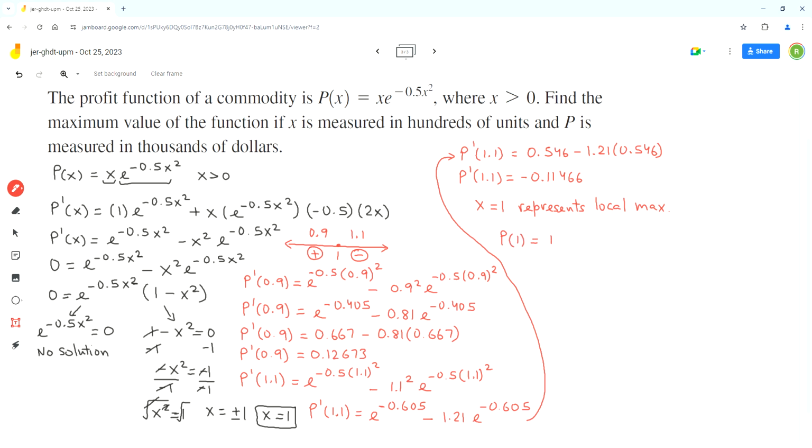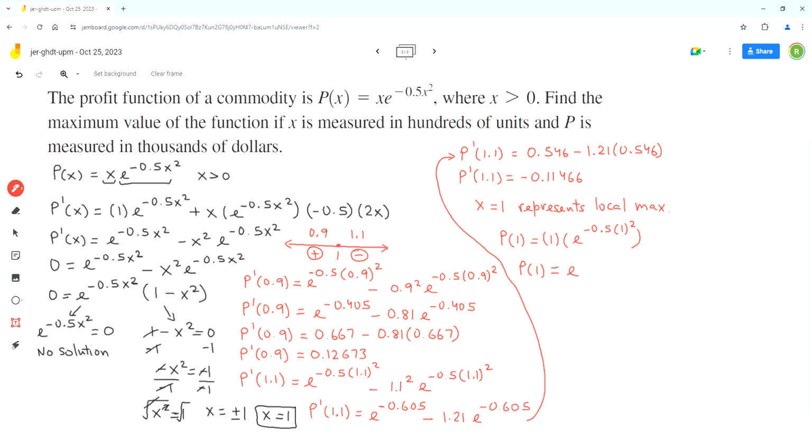So this is the expression we get. Now we have to evaluate it. So 1 times the e term will just be the e term.